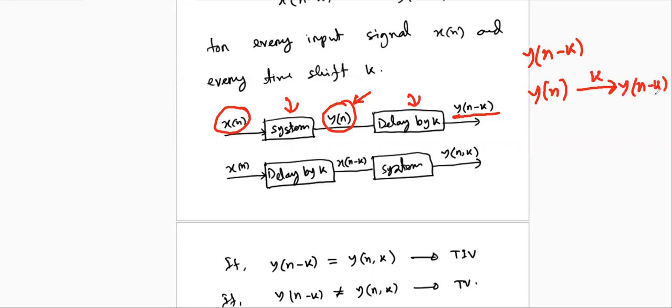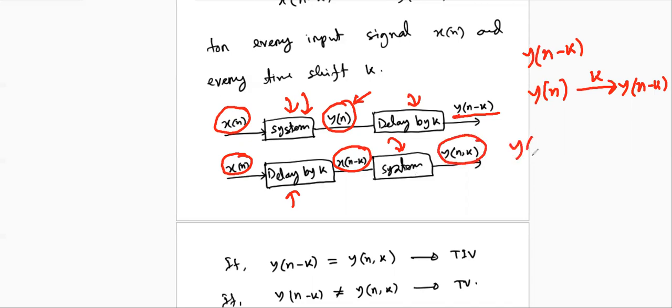Okay, very simple. On the other hand, if I give the input to a delay circuit first, and the input is delayed, and give it to the system. Which system? The same system we have discussed previously. Then we got the output.